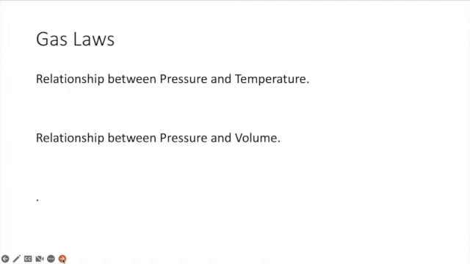This might be kind of intuitive, but if pressure increases, so does temperature, and vice versa. If pressure decreases or temperature decreases, so does pressure. And so they have a direct relationship.